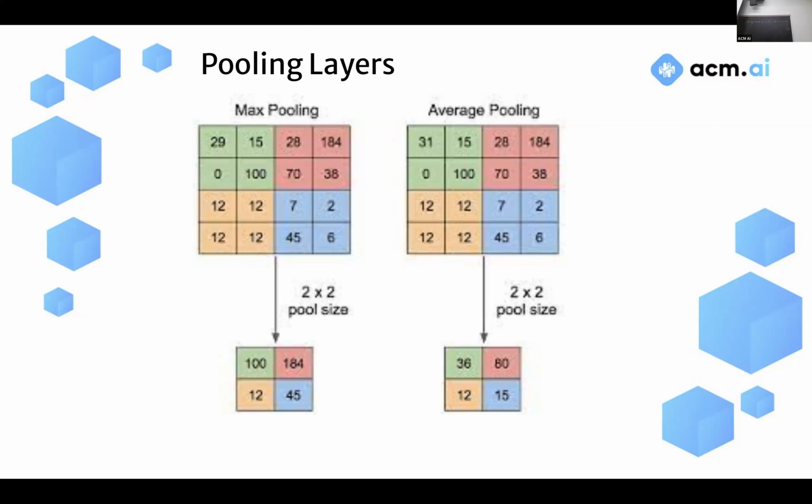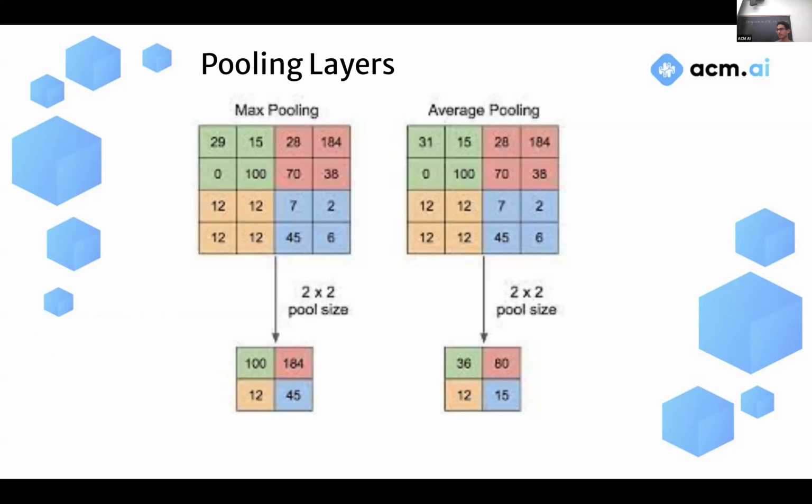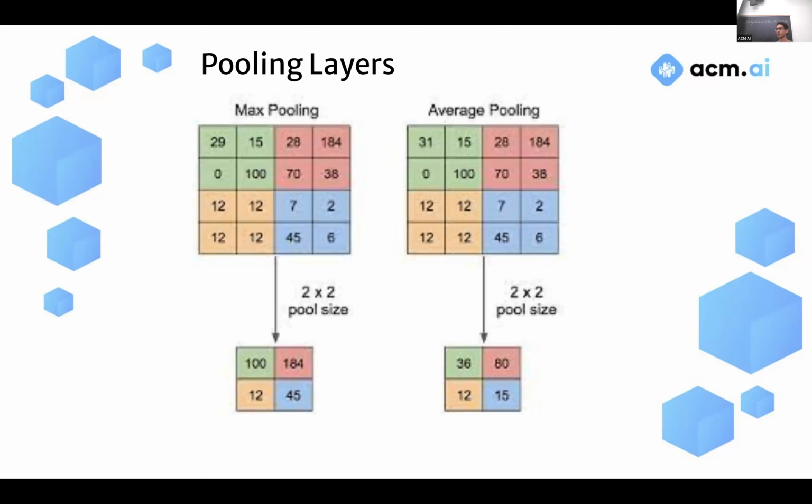Generally, max pooling is more common, and it's the thing that you'll end up using. So for convolutional neural networks, we talked about convolutions and pooling. You'll want to hang on to those concepts because we're really going to run with them today and build on them a lot. Does anyone have any questions about what a convolution is, what a filter is, or what a pooling layer is?